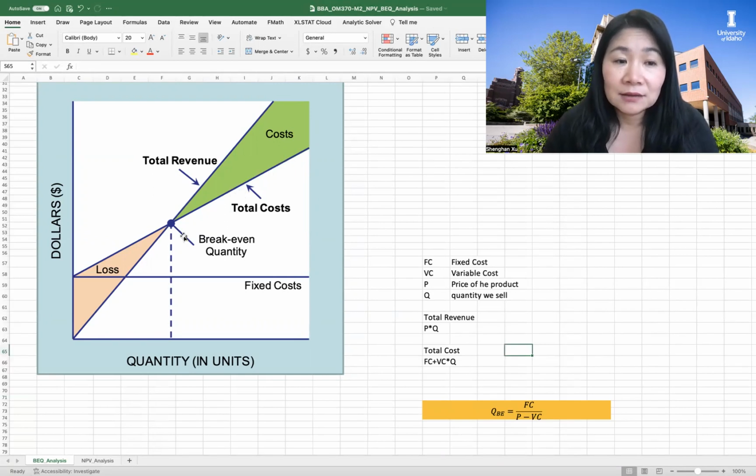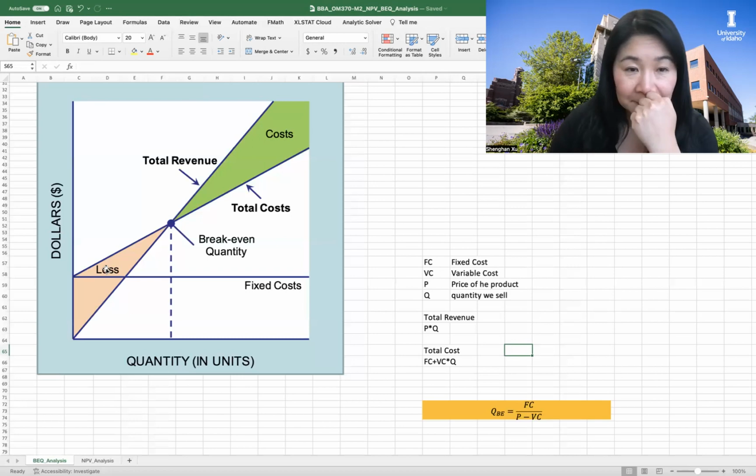So now, with these 2 lines, we see 2 areas, okay? In this area, my total cost line is higher than the revenue I generate, so I have a loss. I have a loss here. So apparently you don't want to stay in this area because you're losing money, right?